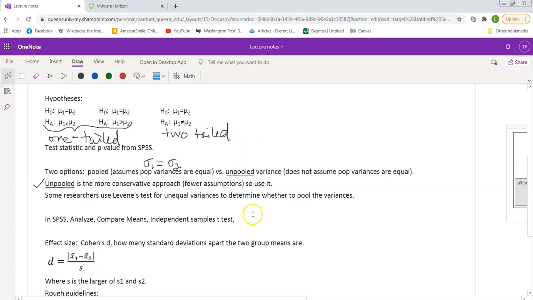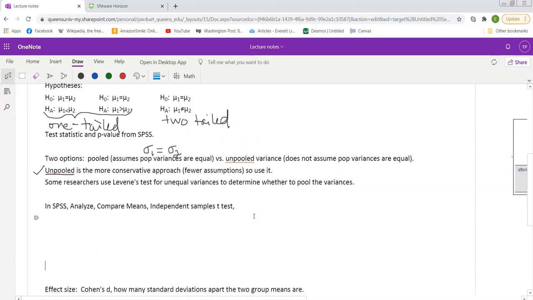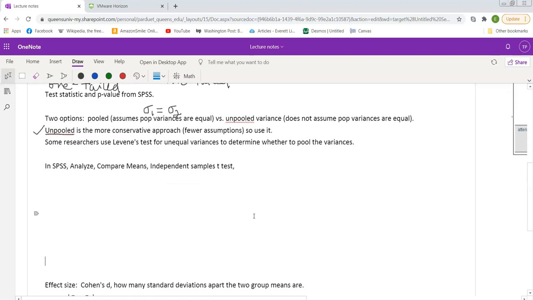So if we were to run this and write it out the way we've been doing it with the hypothesis test notation and all that, we would say Group 1 is males, and Group 2 is females. And they're asking us to test whether there is a difference.